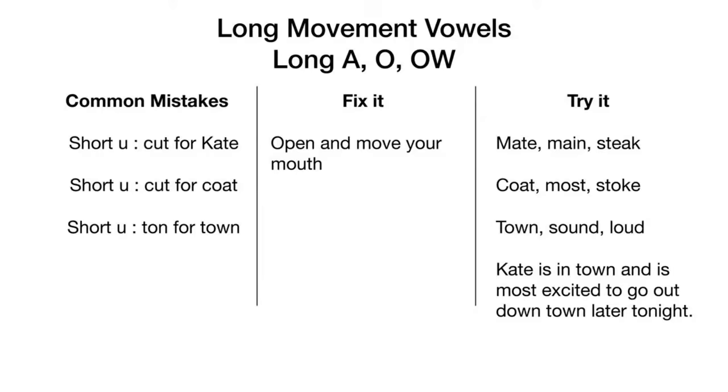We have this long movement vowel concept. And this is for the long A, O, and ow. And what happens? People tend to not move their mouth enough. And so I hear an uh.